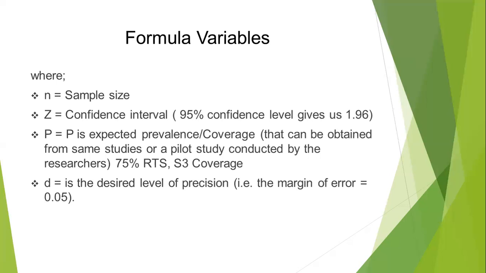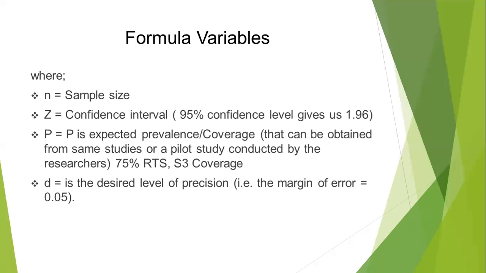Then we also have p, which is the prevalence of the disease in question that you want to study, or the coverage of an antigen or whatever you want to study. So you can get this one from studies literature, maybe a nearby district or country or region study prevalence that has been estimated.